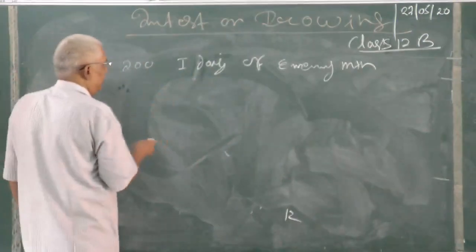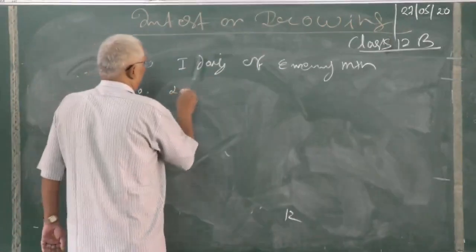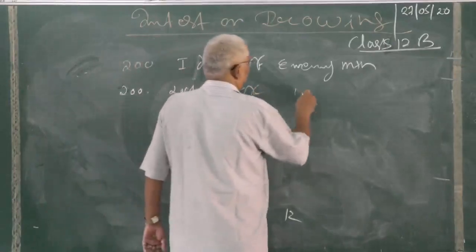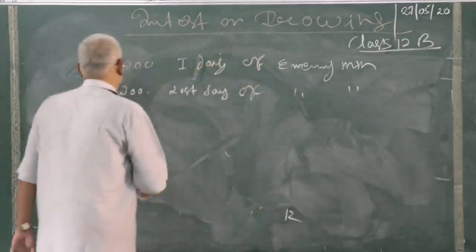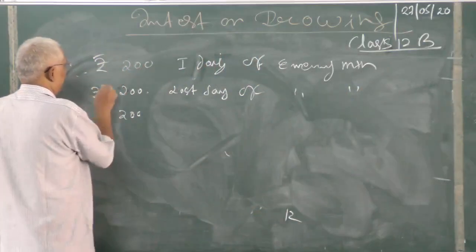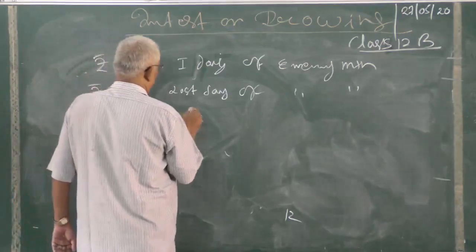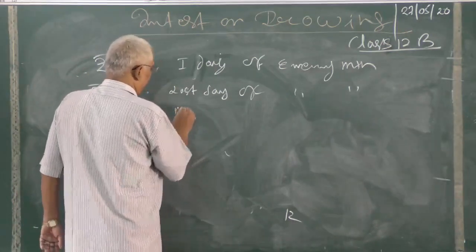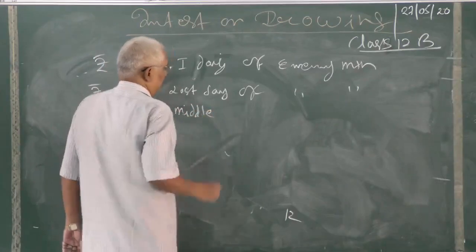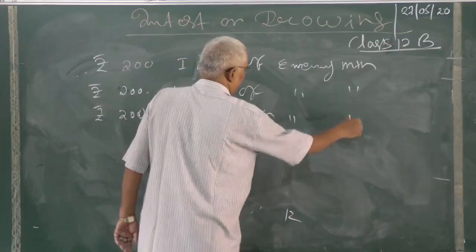Another you may find that rupees 200 is withdrawn on the last day of every month, or 200 rupees withdrawn in the middle of every month.